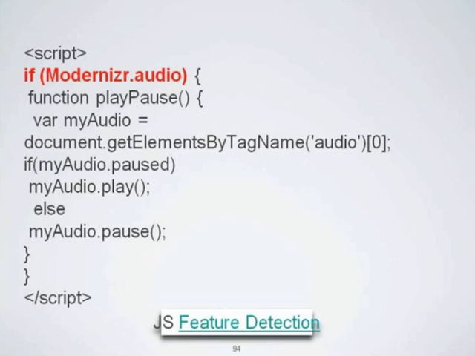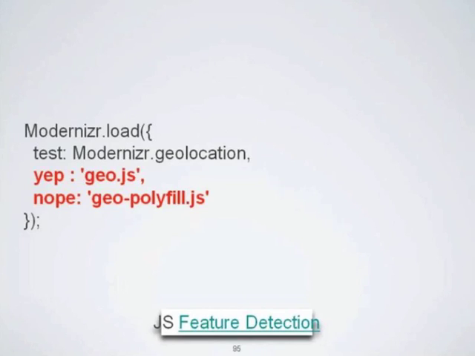So it's really cool to do that. With slide 95, we can do JavaScript feature detection and say, well, hey, if audio exists, which is if Modernizr.audio, then we can run this function in JavaScript.